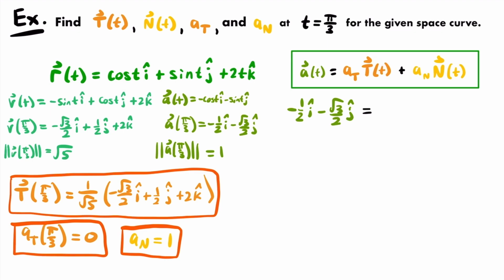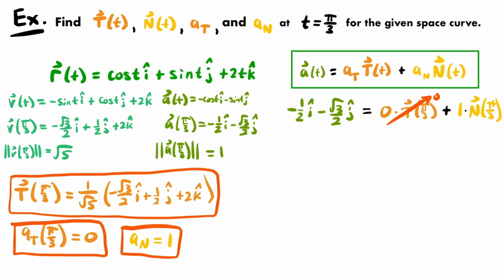So I'm not going to bother to write out the unit tangent vector. Since a sub t is 0, you have 0 times T of pi divided by 3. That's just going to be 0. So there's no reason to write all of those components out and then just multiply it by 0. That term is 0, and so we're just going to be adding that to a sub n, which is 1. So I'll write 1 times the unit normal vector at pi divided by 3.